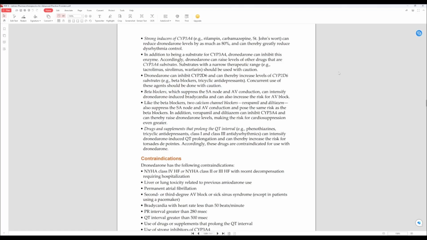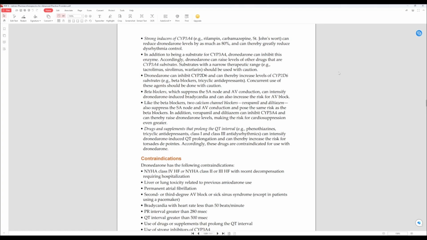Beta blockers, which suppress the SA node and AV conduction, can intensify dronedarone-induced bradycardia and can therefore increase the risk for a further AV block. Like the beta blockers, two calcium channel blockers, verapamil and diltiazem, also can suppress SA and AV conduction, and therefore pose the same risk as the beta blockers.